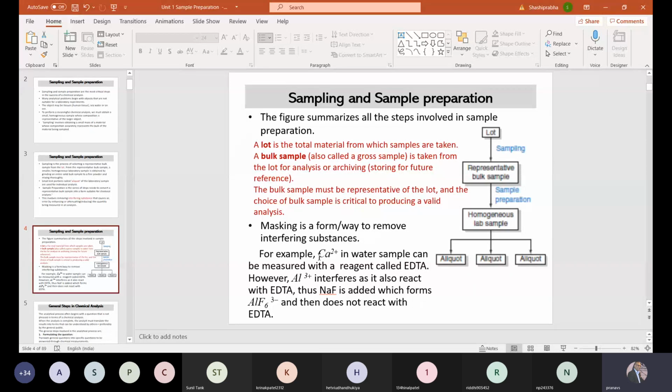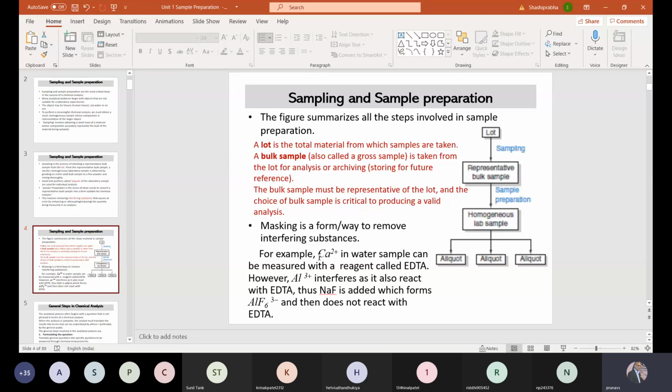But when we work with a real sample, it is known that if aluminium is present in that water sample, it also reacts with EDTA. If that also reacts, naturally, you will be getting an enhanced reading for calcium.